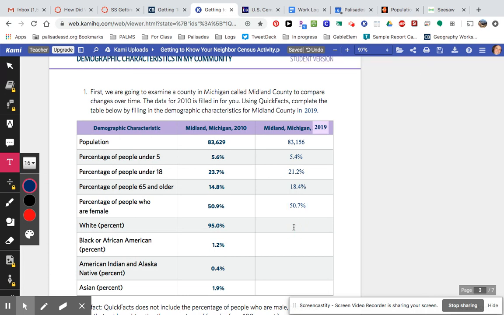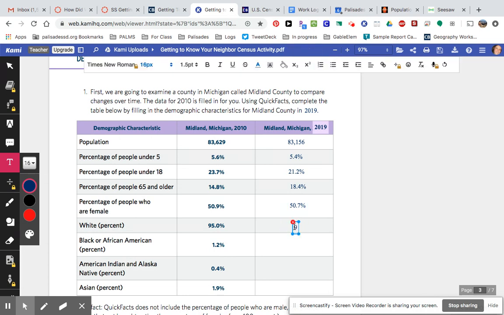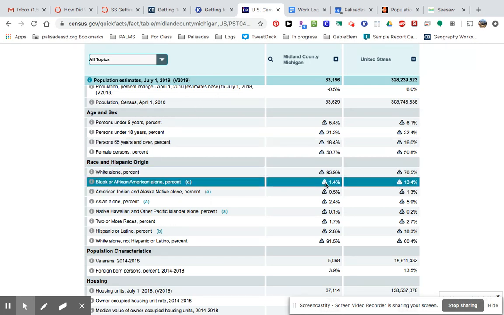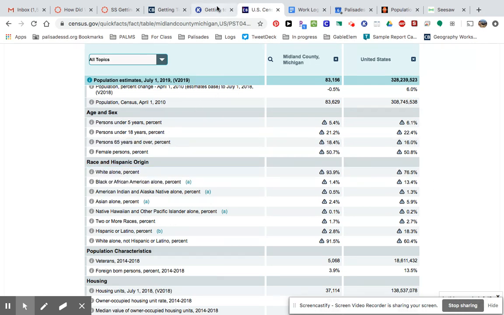93.9%. Now, how did it compare with 9 years ago? Here we go. That actually went down a little bit. All right, Black or African American, 1.4%, much lower than our national number.